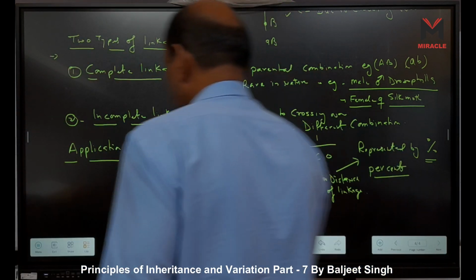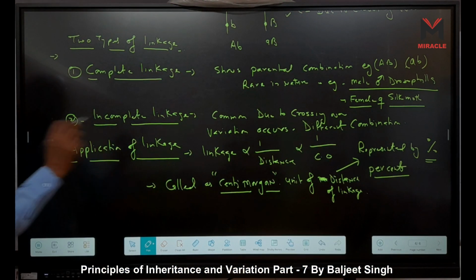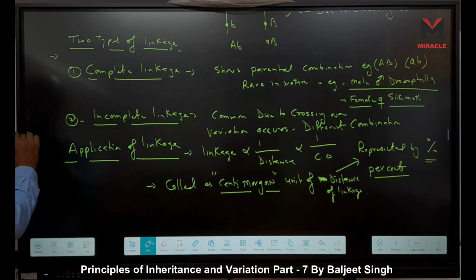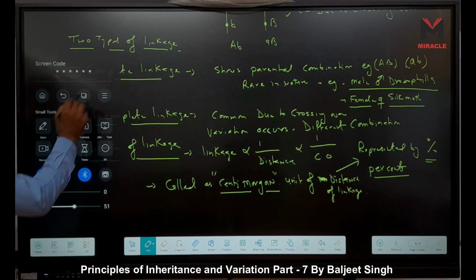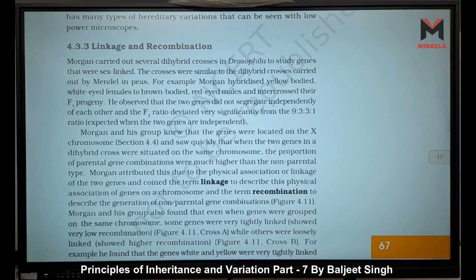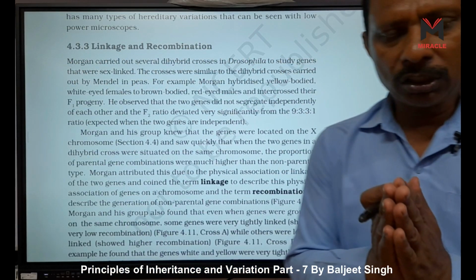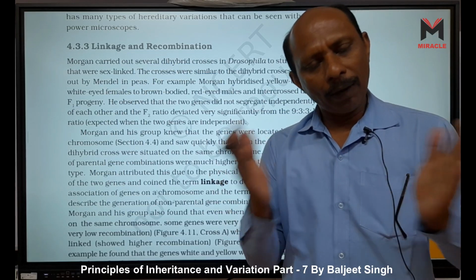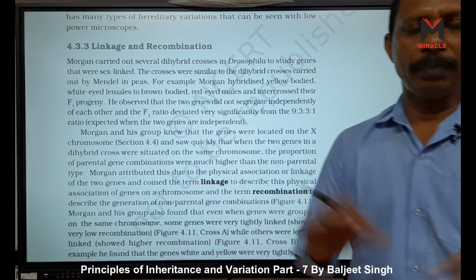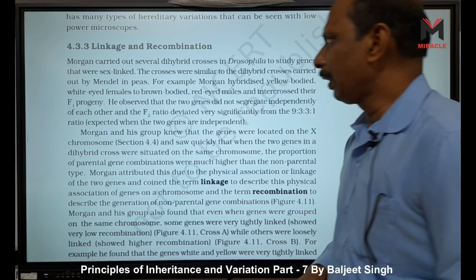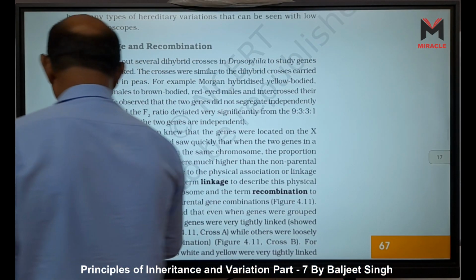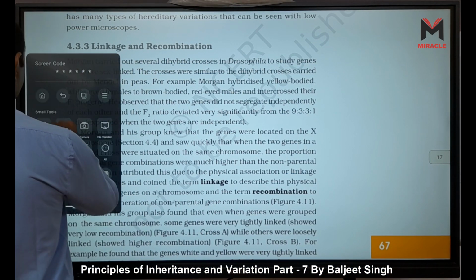Okay, now we come back to our NCERT. Linkage and recombination. Recombination means once in crossing over, they get separated. After separation, once more they recombine. That is called recombination. Morgan carried out several dihybrid crosses.